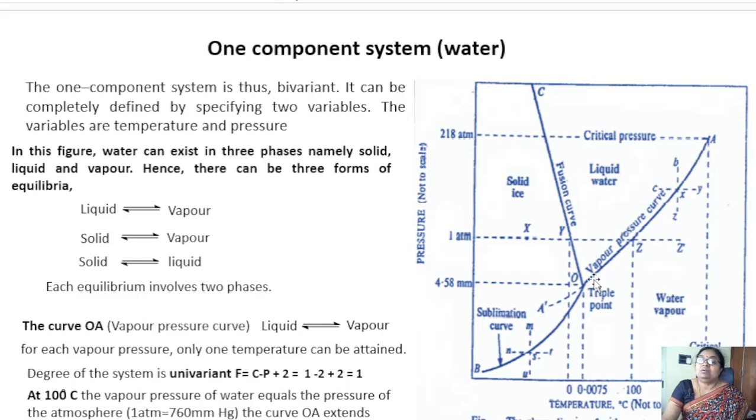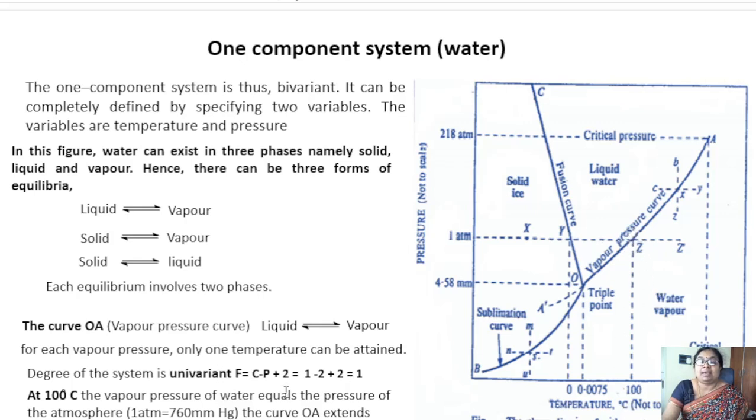Therefore, this is a univariant system, with one degree of freedom. For each pressure of vapor, only one temperature can be attained.